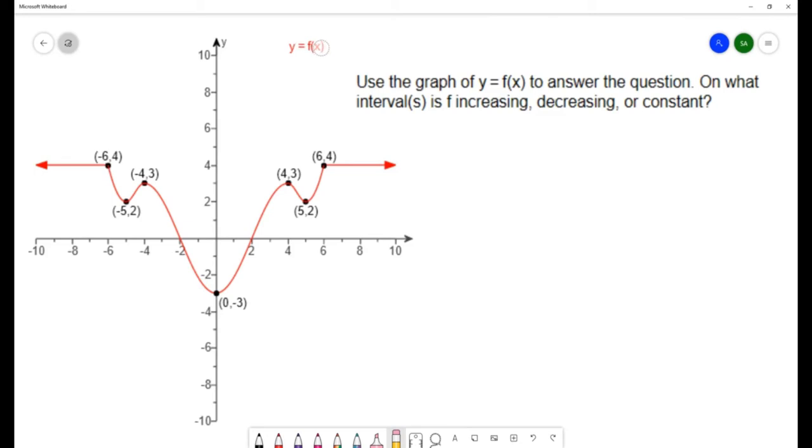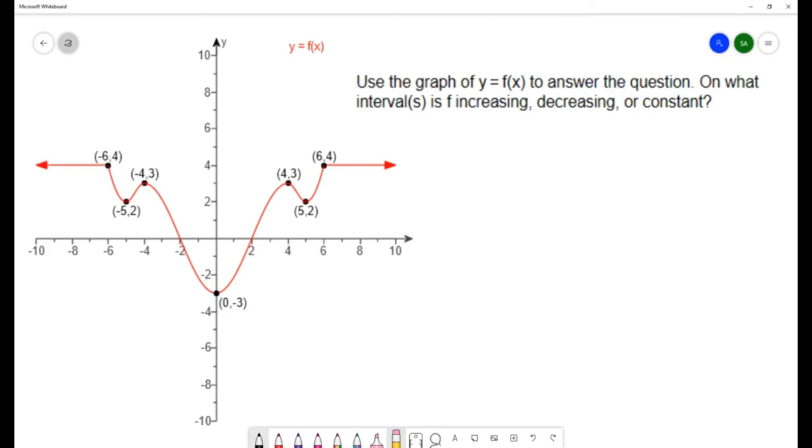And when I'm looking for the intervals of increasing, decreasing, and constant, what I'm going to do is try to look at the picture overall to start with. And what I do is I trace the graph going from left to right.